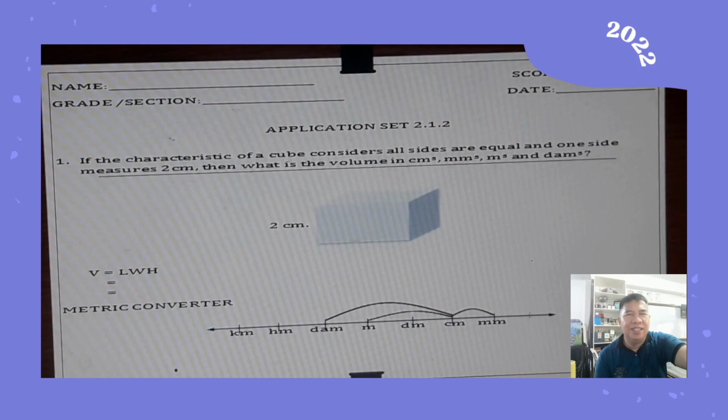We know that finding the volume is length times width times height or thickness. You can use the metric converter to convert one volume to another. Again, we are talking about volume. We should always multiply it with the constant value of 3 times the number of movements per measure.